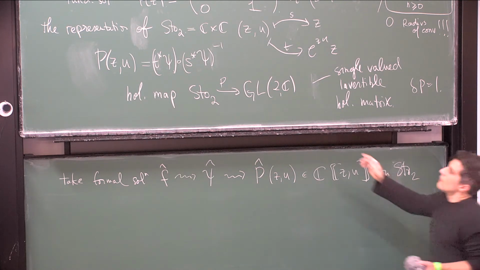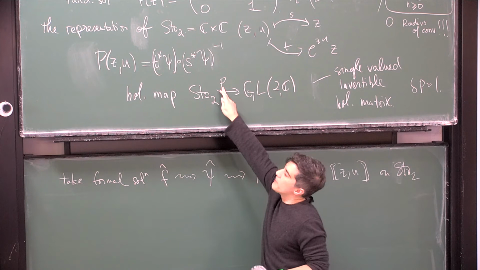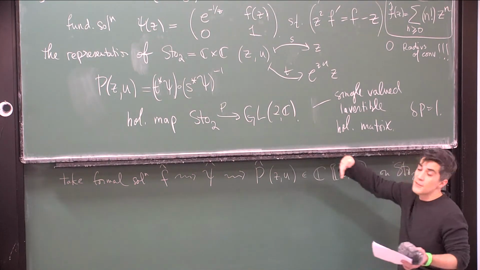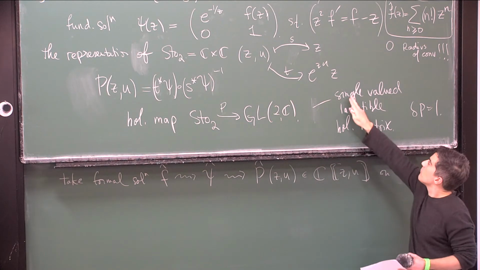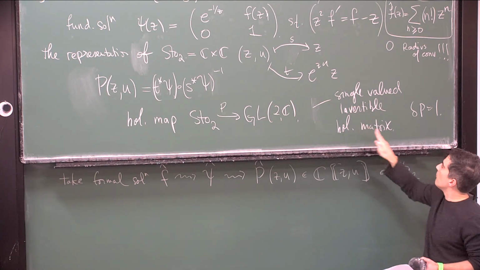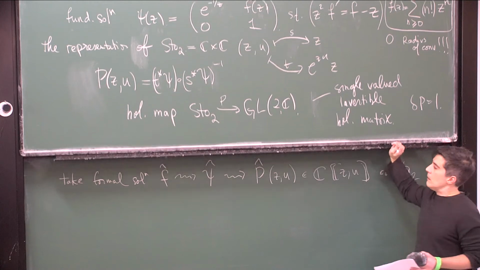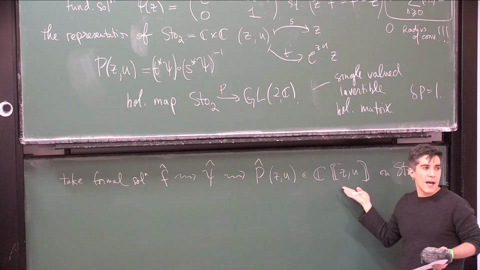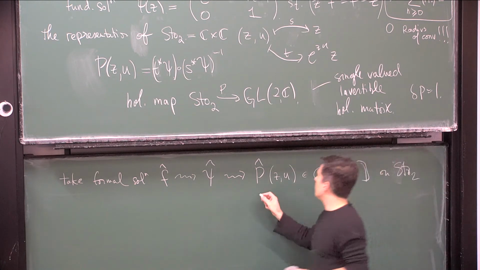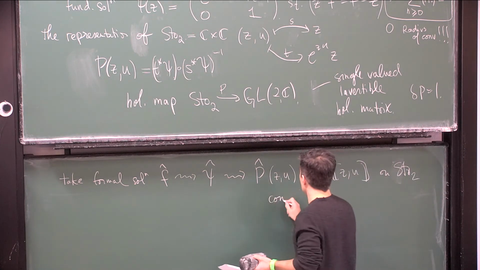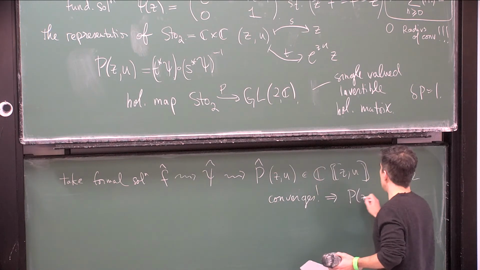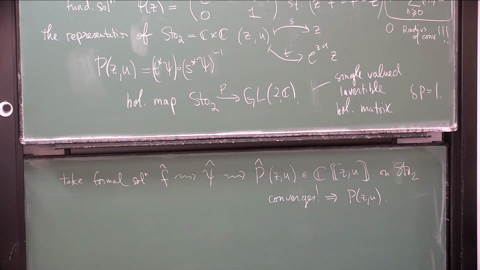But we already know what the solution is supposed to be. The solution is guaranteed by the theorems. It's supposed to be a single-valued invertible holomorphic matrix. So what can we say about this power series? It has to converge, and we get PZU.